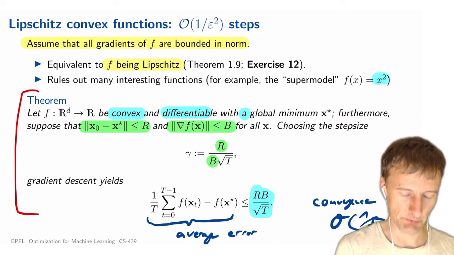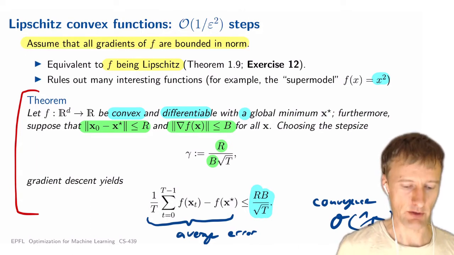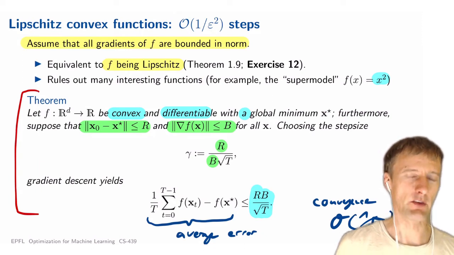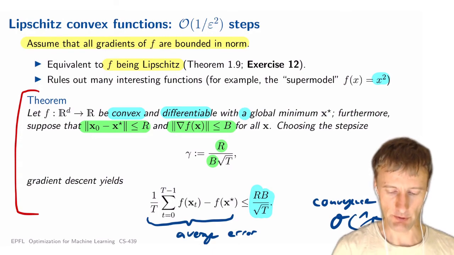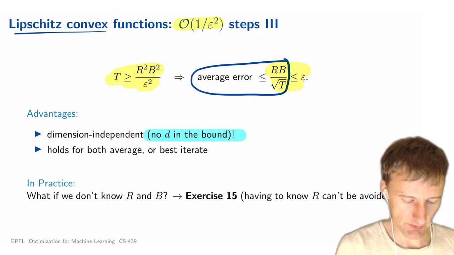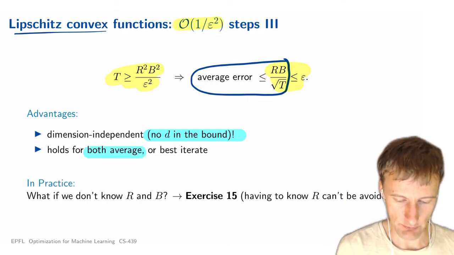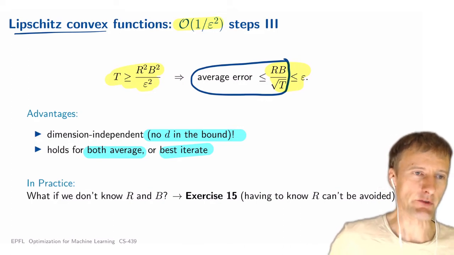So the only quantities we use about the geometry of the problem or about our function f are how continuous it is, that's B, and how far our initial point is from the optimum, that's the quantity R, and that's all. There's no other dependence on dimension. And as we said, it holds for the average iterate, and it also holds for the best iterate if you prefer, but not for the last iterate necessarily.